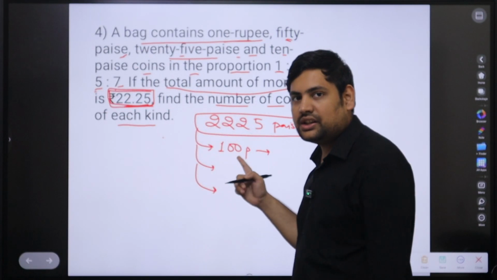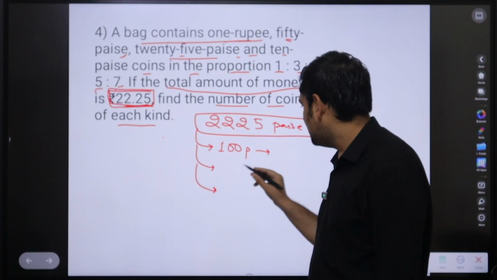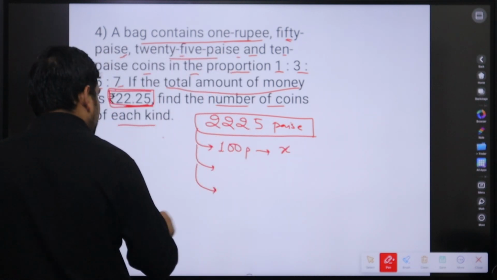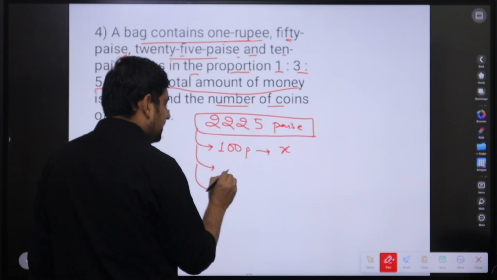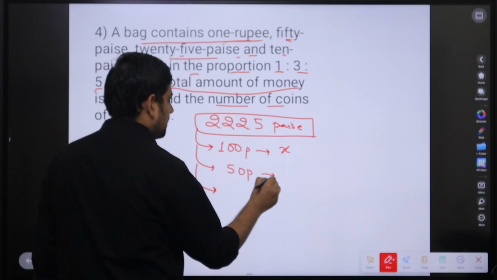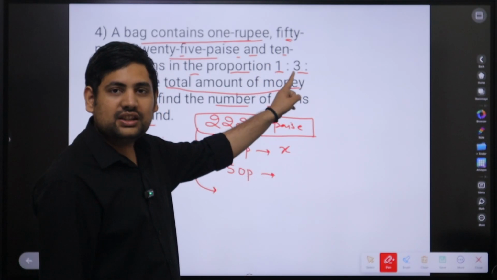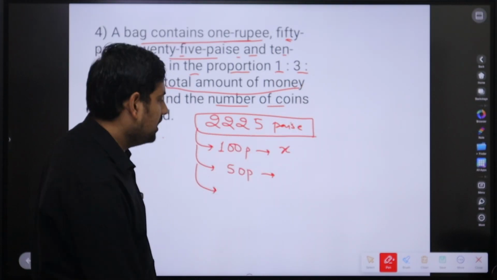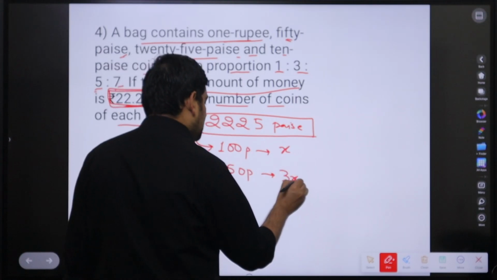Let's say 100 paise or 1 rupee coins are x in number. Fair assumption. I don't know the value, so I assumed it x. Then tell me, what is the number of 50 paise coins? If this is x, then this is 3x, correct? 1:3:5:7. So 50 paise coins will be 3x.